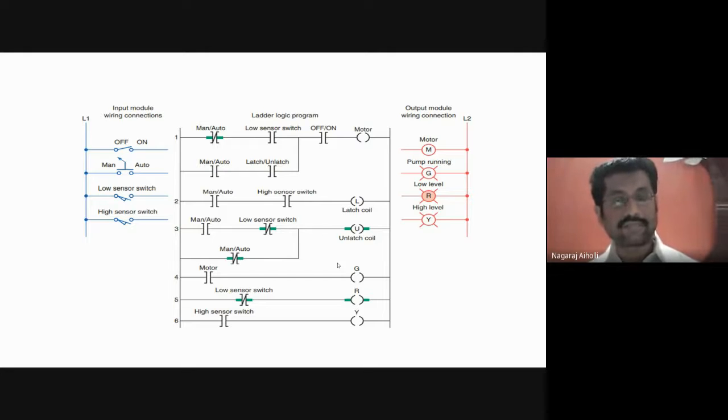Once the tank has started to fill, we reset that bit which we had latched earlier. So for resetting that bit, even when the manual bar auto internal relay contact is in open state, the unlatch coil will be energized to unlatch the bit, to make that bit 0, to reset that bit which was set earlier.